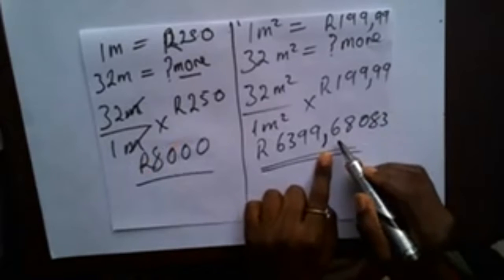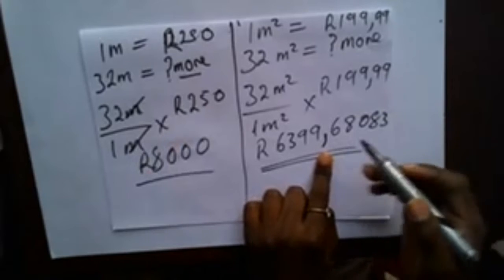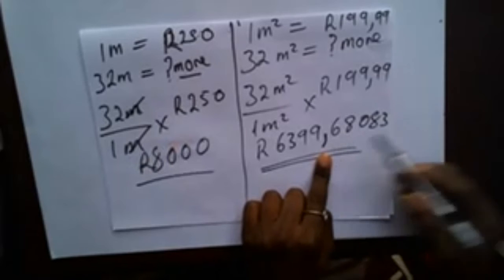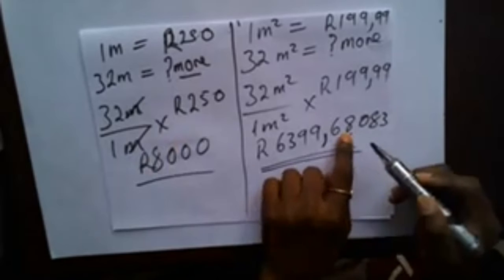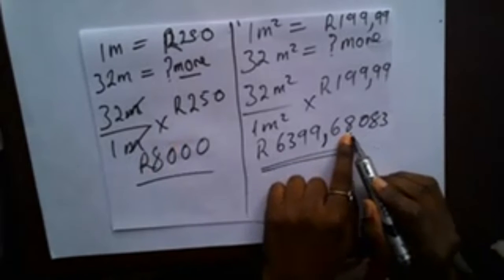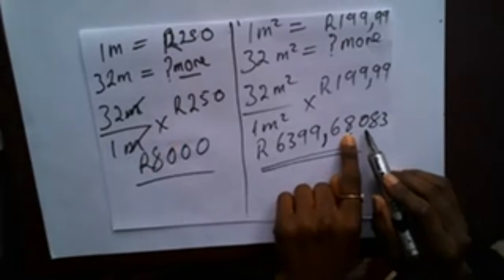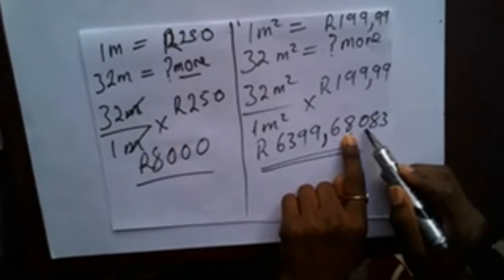If it says 2 decimal places, I count 2. If it says 3 decimal places, I count 3. So here it is saying 2 decimal places, so I'm saying 1, 2. When I get to 2, I look at the value that is close to it. I look at 0. So I have 8 and I look at 0 here.